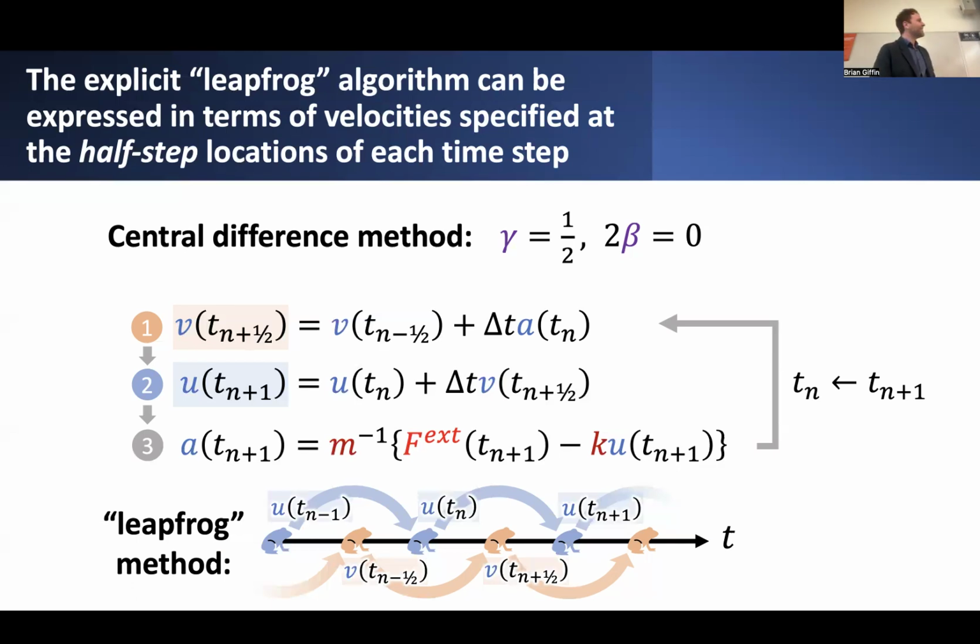But actually the terminology that refers to how this multi-step algorithm is carried out is nice. Maybe you've heard this terminology before, but some people refer to this algorithm as the Leapfrog algorithm. And why do they say that? Well, the displacements and the velocities are playing this game of Leapfrog.